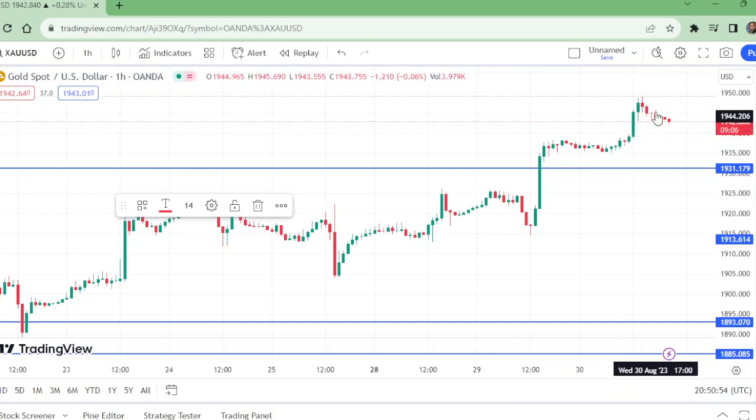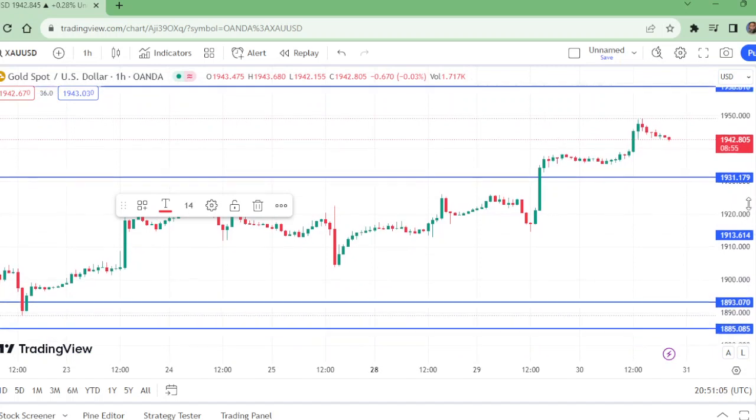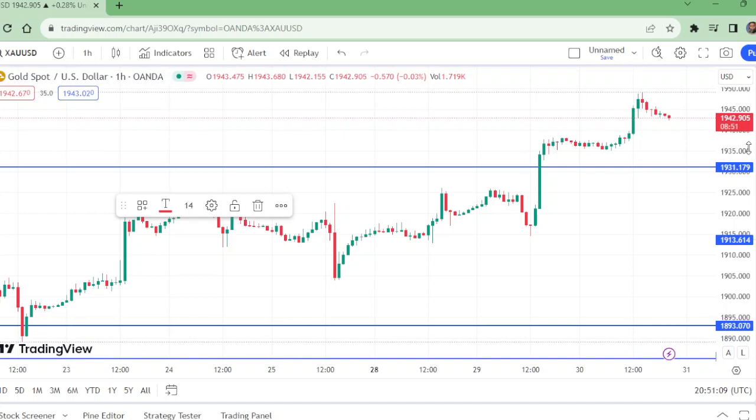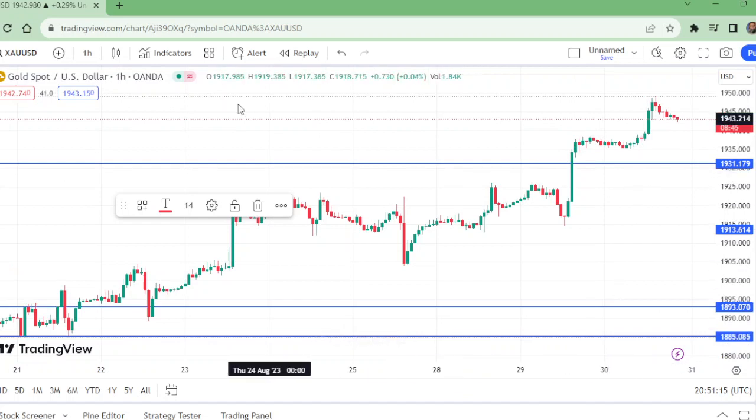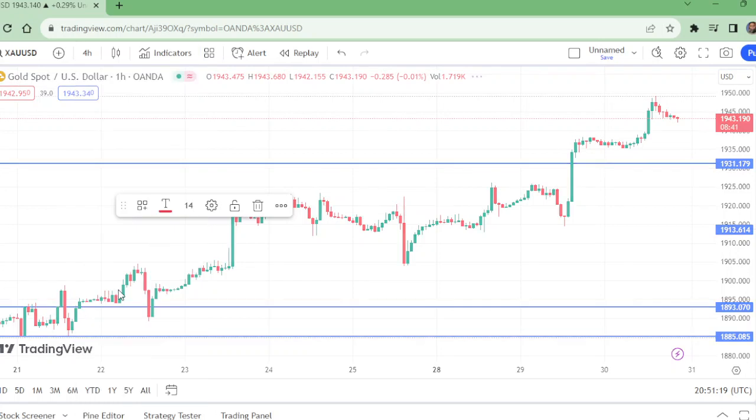This is also a support. From this support, it is expected to go up to the 1958 level. Currently, it is running at 1942, and I am expecting the market to reach 1958.